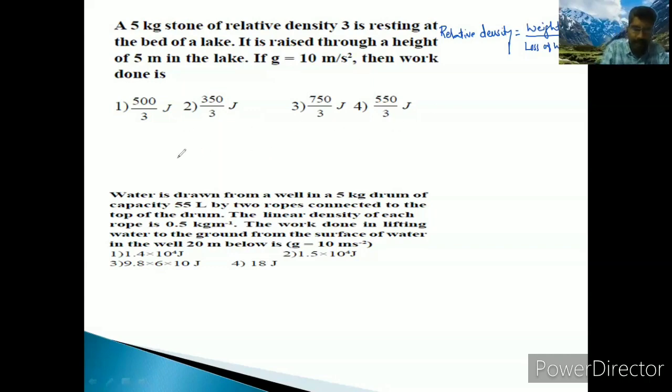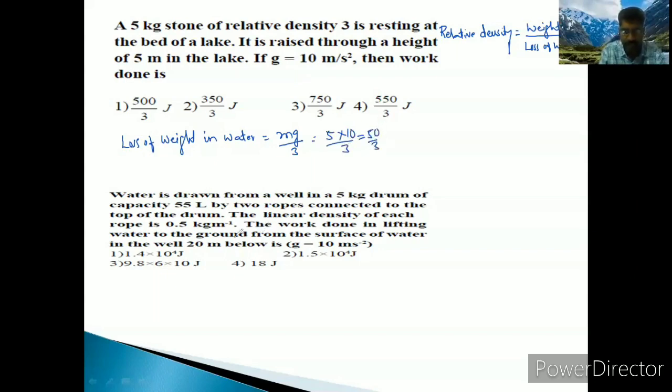So here, first, loss of weight in water. How can we write? Weight means mg. So how much is the relative density? 3. So 5 into 10 by 3 means 50 by 3 we can get.